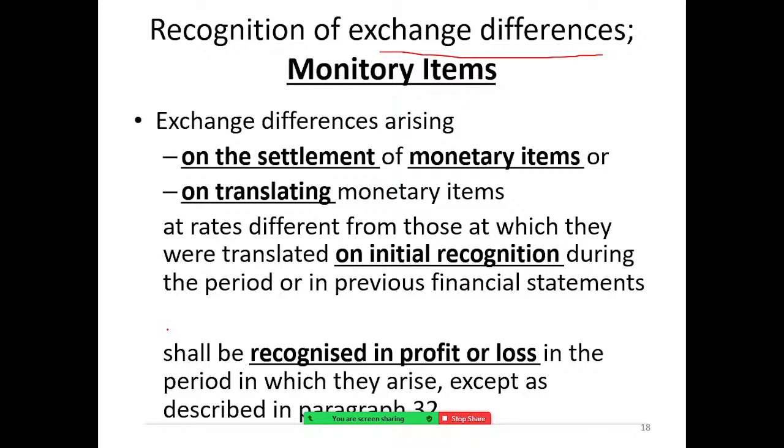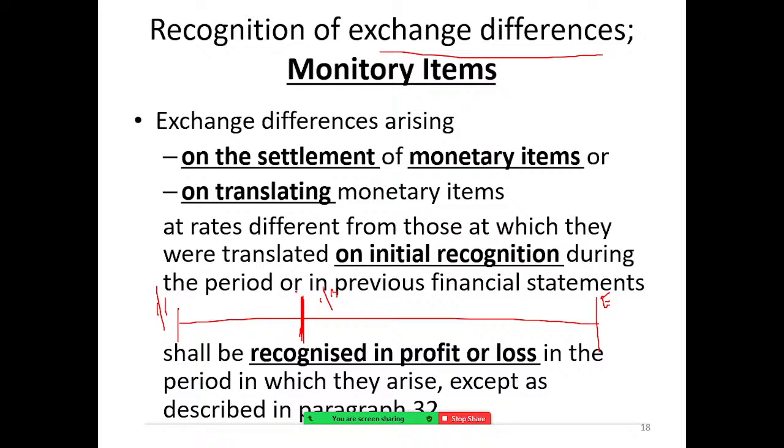Here, what did I mention? This is a timeline. Here the financial year starts, here the financial year ends, right? And the transaction has occurred on this date, for example 1st of March.